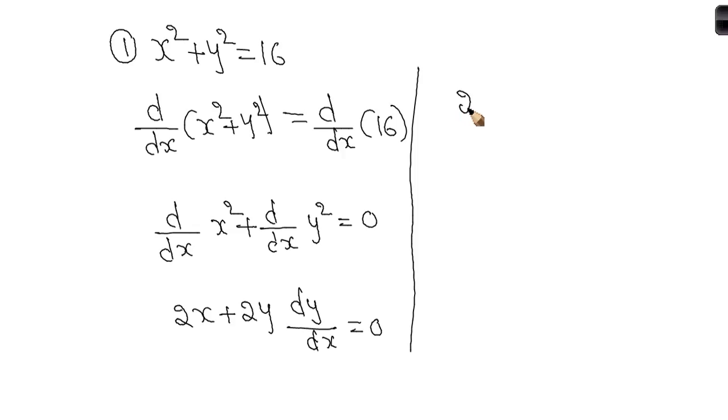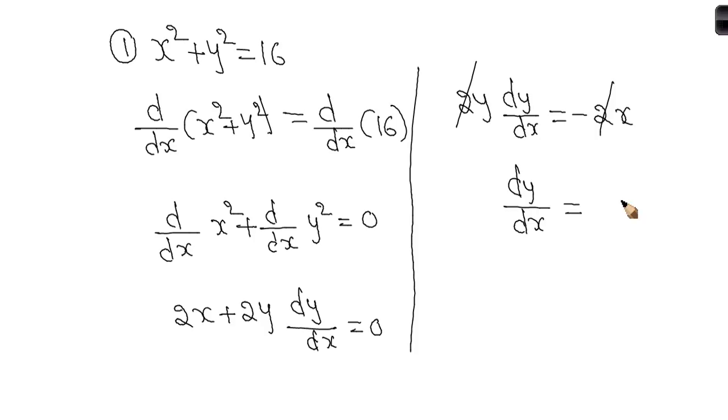So 2y into dy by dx is equal to minus 2x. The 2 and 2 cancel. So dy by dx, the derivative of the given function, is minus x upon y.